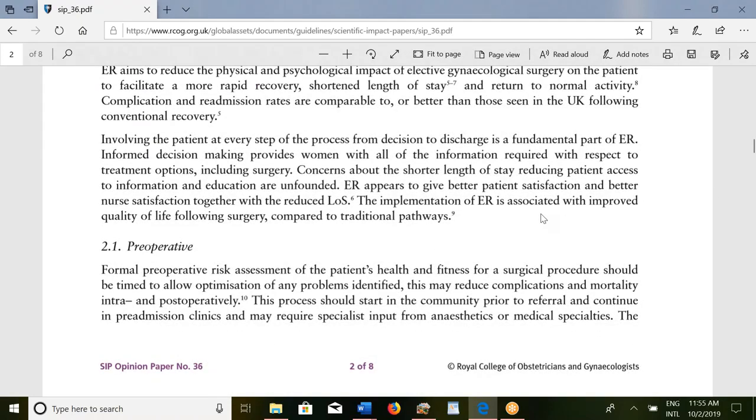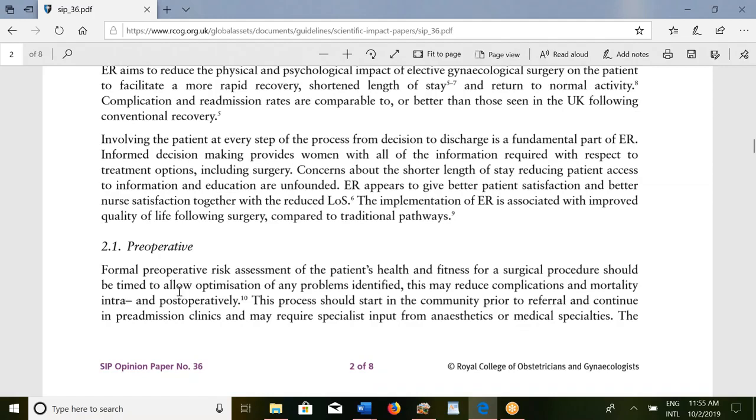So the principles are that they will involve the patients each and every step. They can do certain things before the procedure. So pre-operatively, they will do appropriate risk assessment of the patient's health and fitness for a surgical procedure.